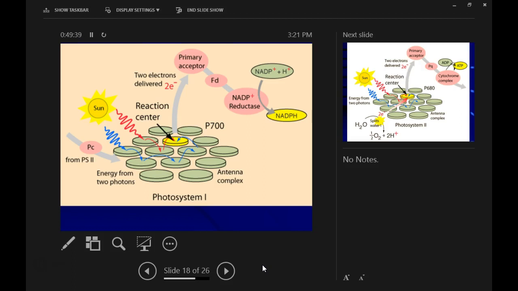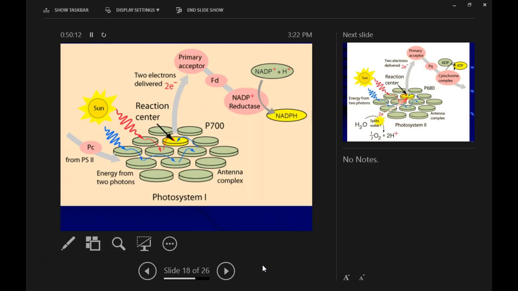This is that nucleic acid, very similar to what we find with NAD in aerobic cellular respiration. And we know that just like in aerobic cellular respiration, it likes to carry energized electrons. So NADP, as you can see, grabs 2 electrons plus a hydrogen and gives us NADPH.